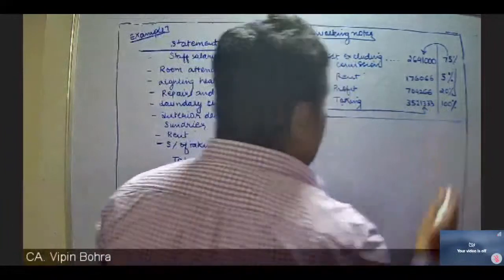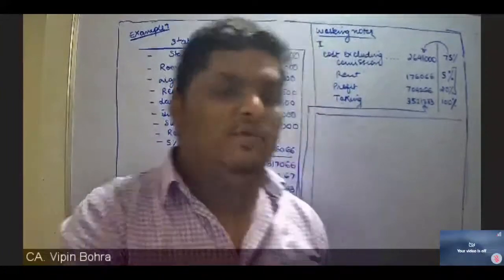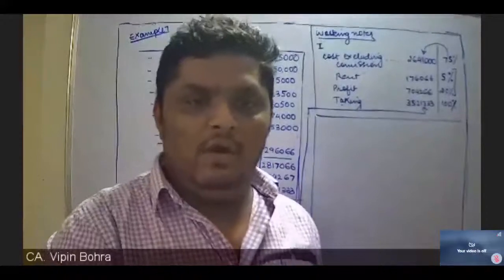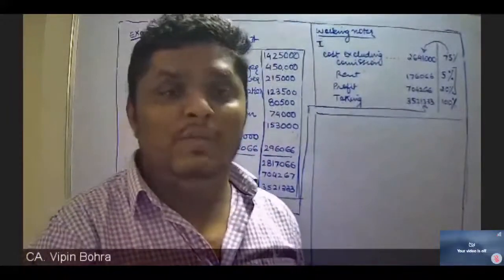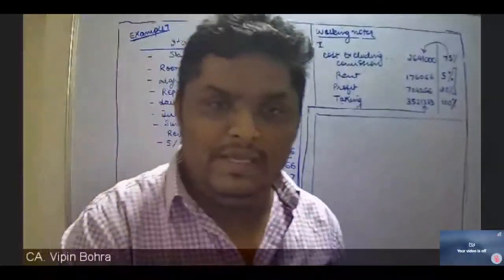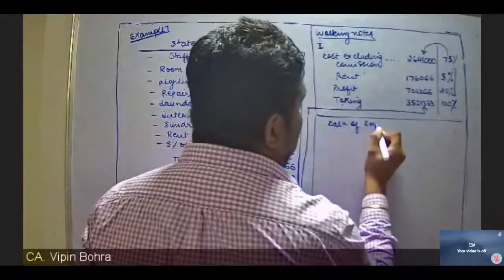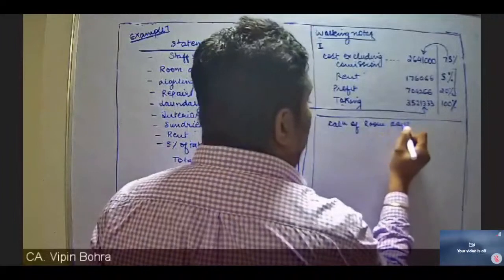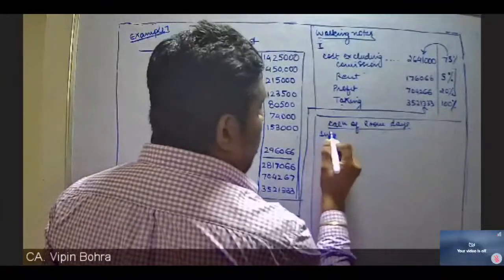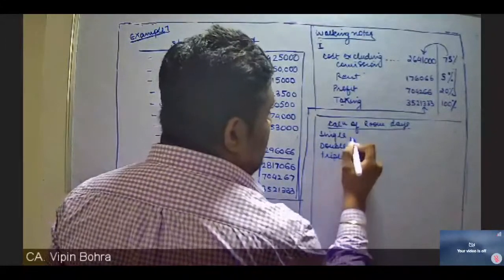Now we have to calculate the room rent, that is the rent to be charged for a single room, double room and triple room. So first of all, let's calculate the room days. What is the occupancy of the rooms? Calculation of room days, single, double and triple.